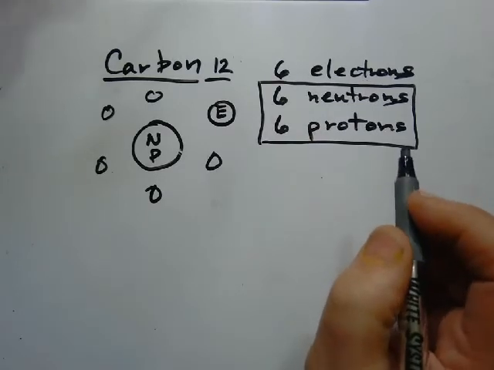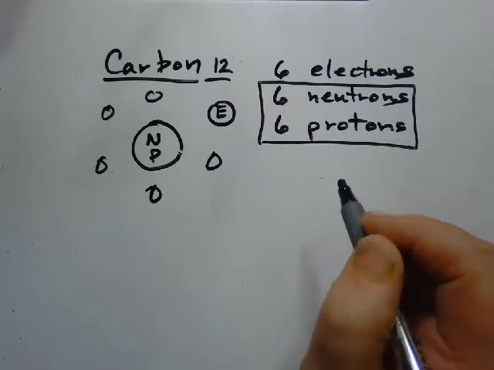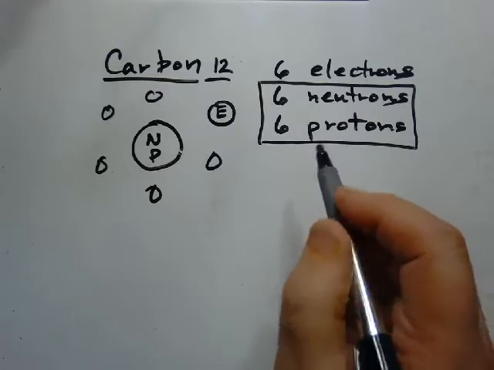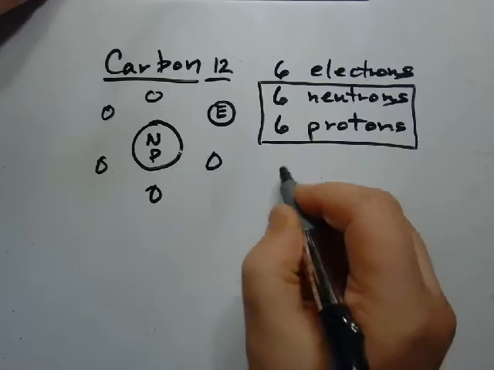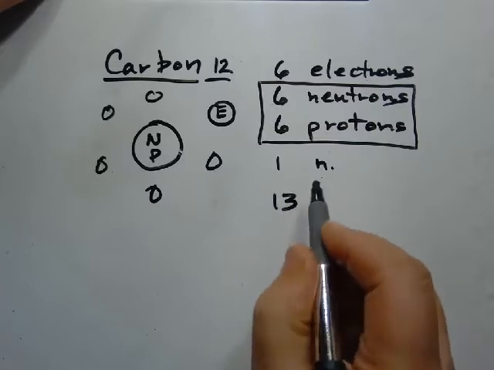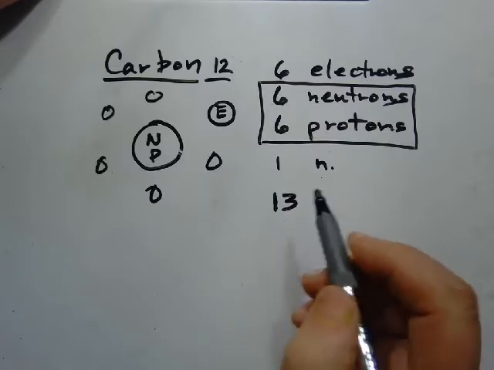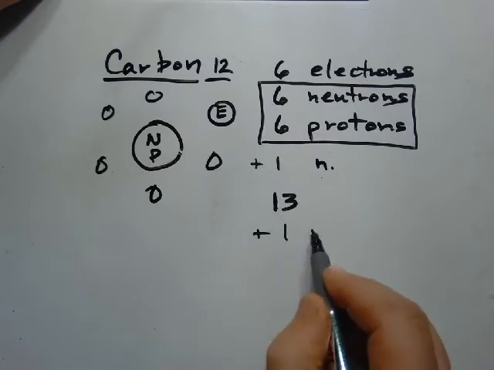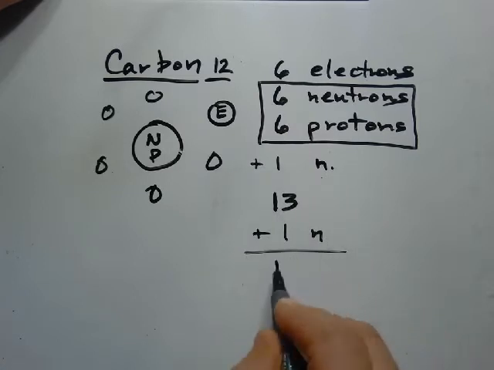Neutrons and protons are found together, and that's called carbon 12. But life being what it is, sometimes an extra neutron gets introduced into the mix here. That gives us a total of 13, and that is a fairly stable element as well. But sometimes there's another one that is added, and that makes this carbon-14.